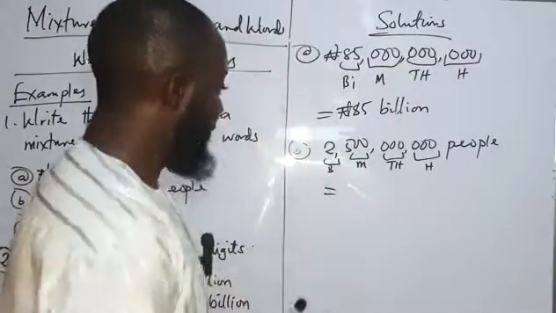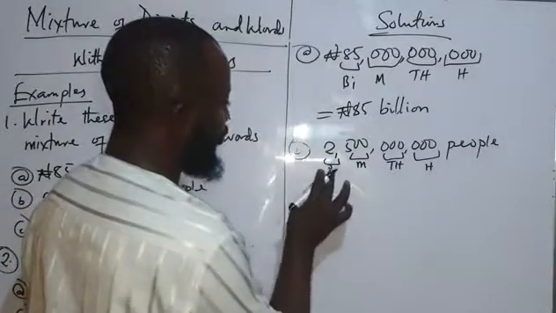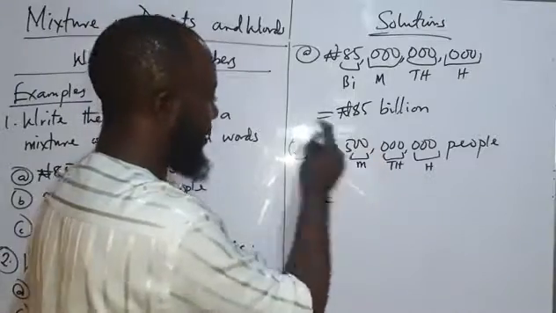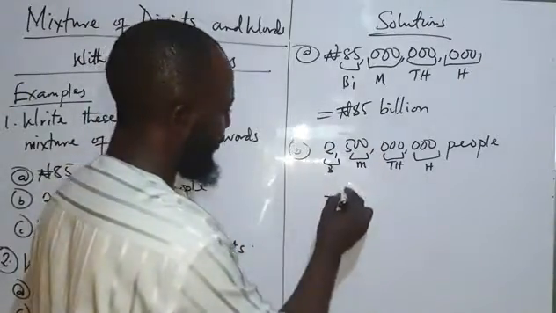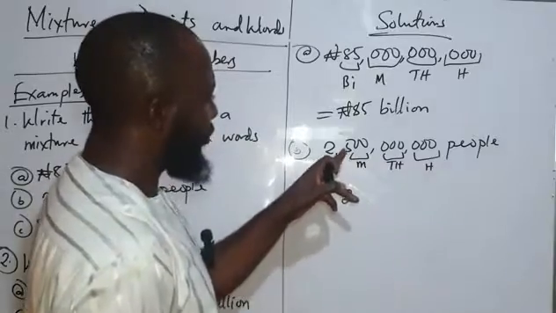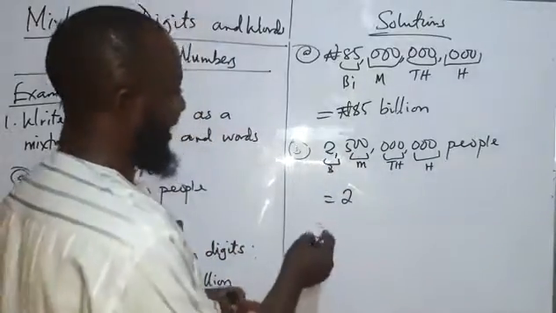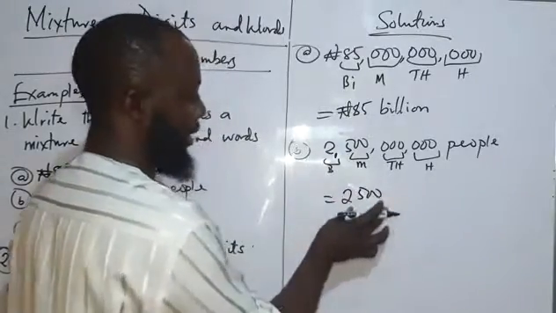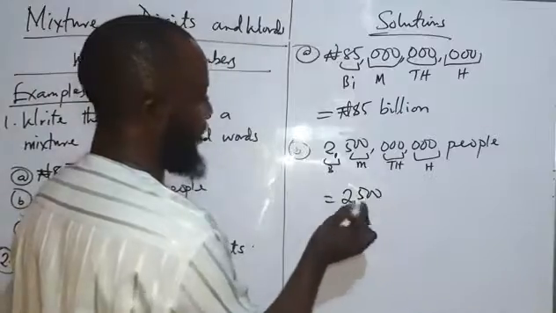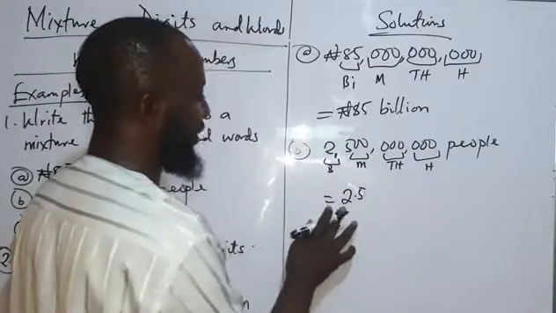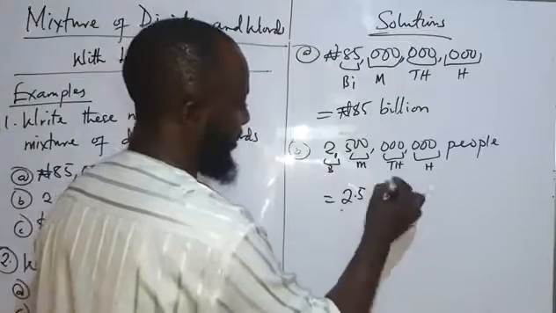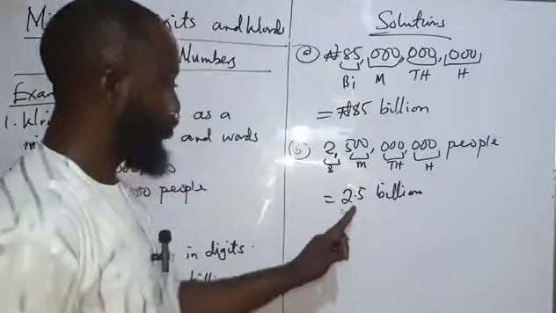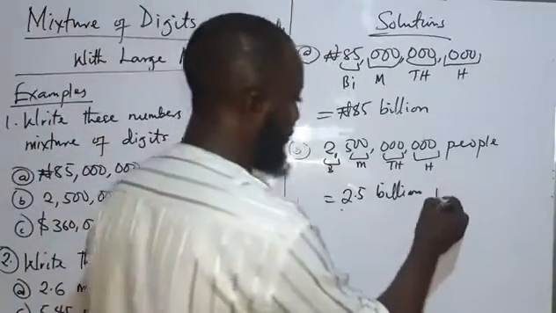Billion. So what we have here now is 2 billion 500 million. Under this is 2 billion, but the 500, since it is 100 immediately after it, instead of putting a comma, so it is 500 million. This one is billion, while this one is million. Put the point here, and this will give you 2.5 billion. That's the first method of doing it. 2.5 billion people.